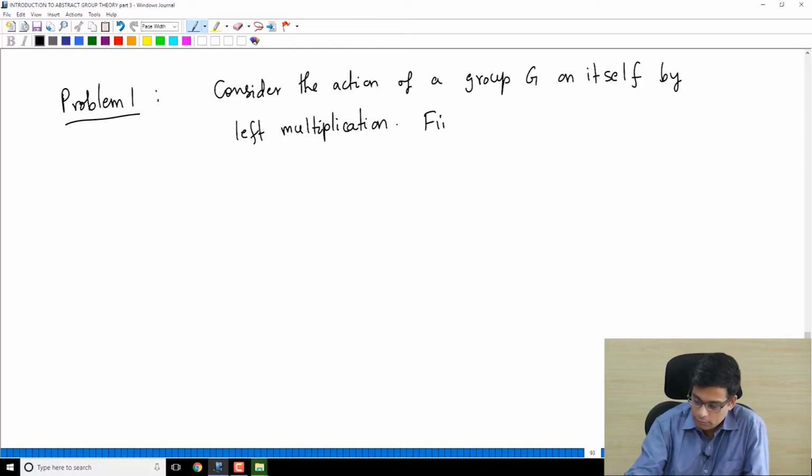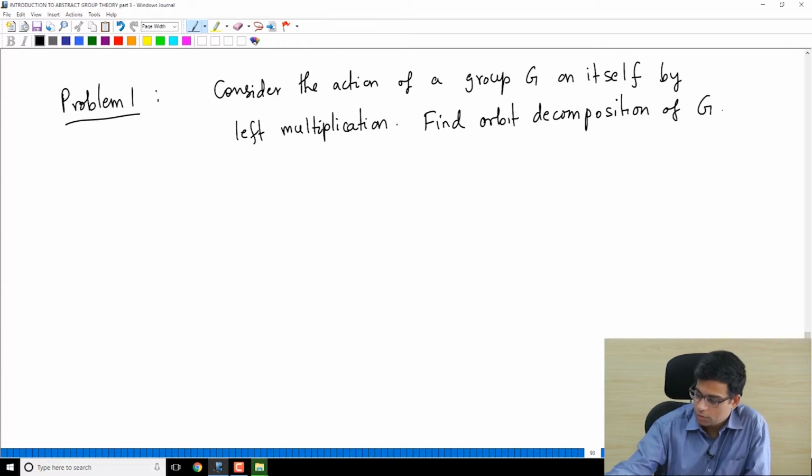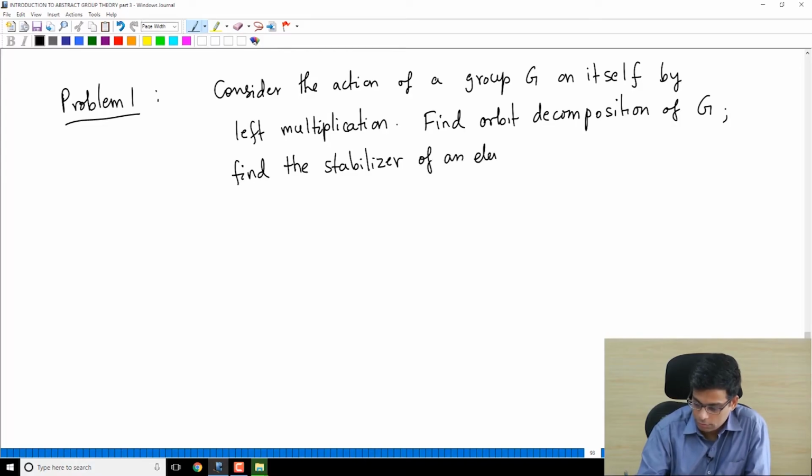Find the orbit decomposition of G, and similarly find the stabilizer of an element s in G. Okay, this is the problem.